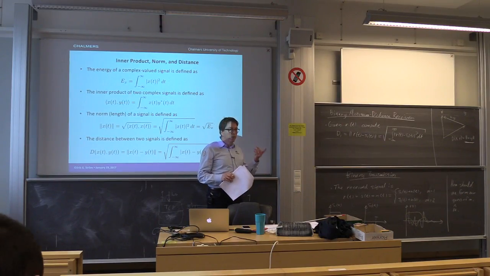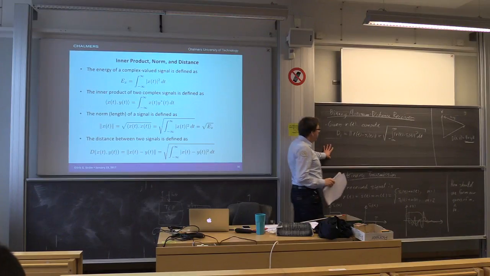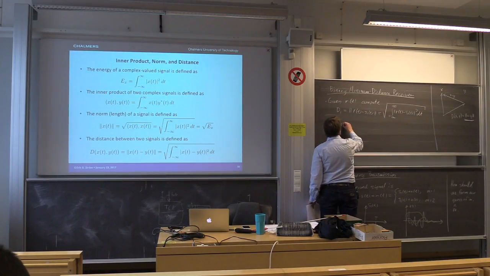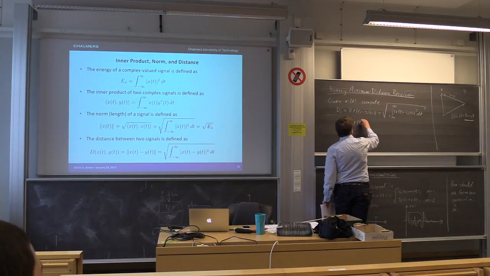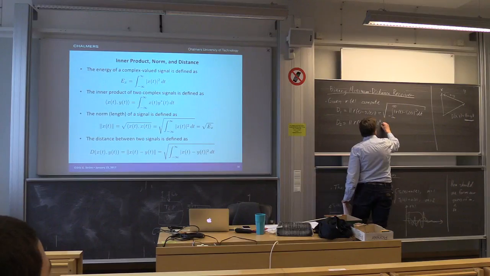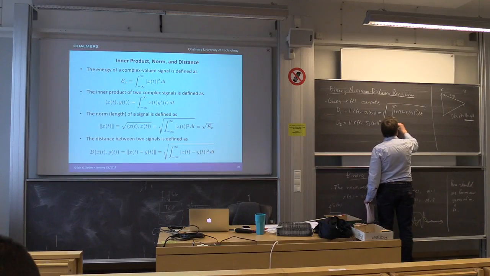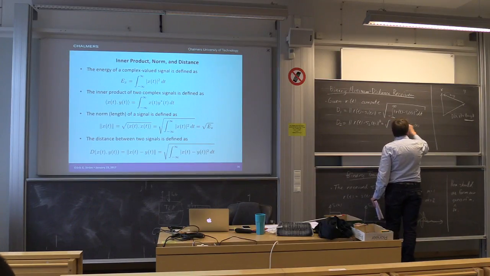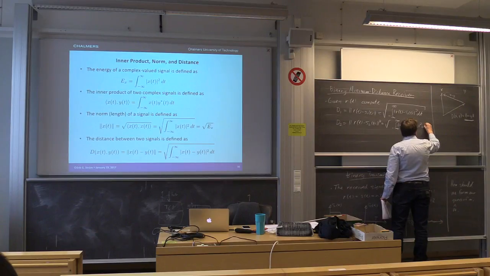Okay, so now we have a number, which is the distance of what we have observed to the first signal alternative. And let's calculate then d2 according to the same recipe. So d2 is the norm of R minus S2, which is the integral from minus infinity to infinity of the magnitude of R minus S2, squared, dt.